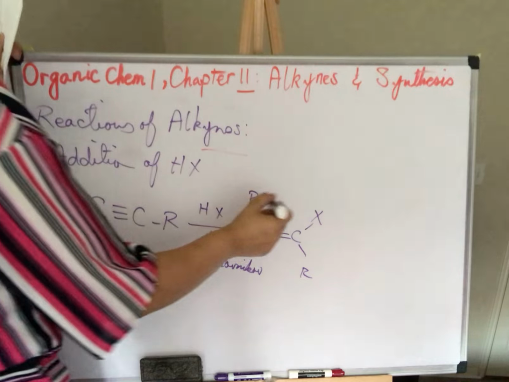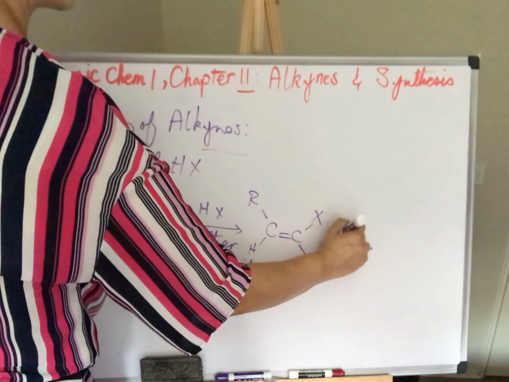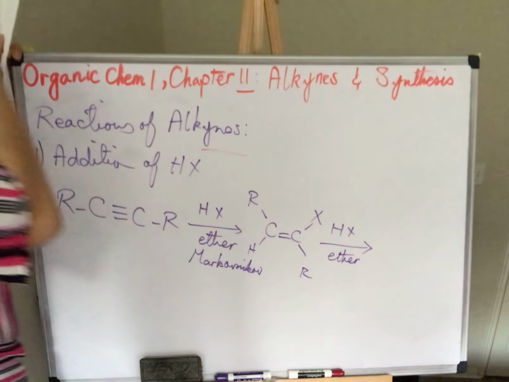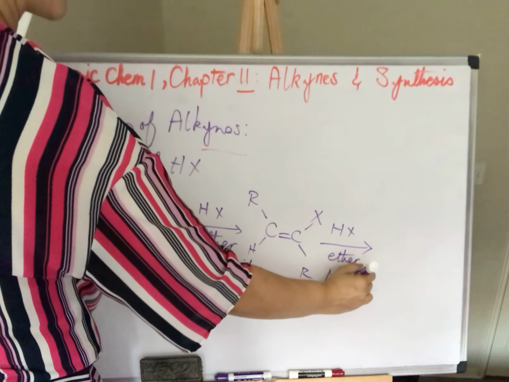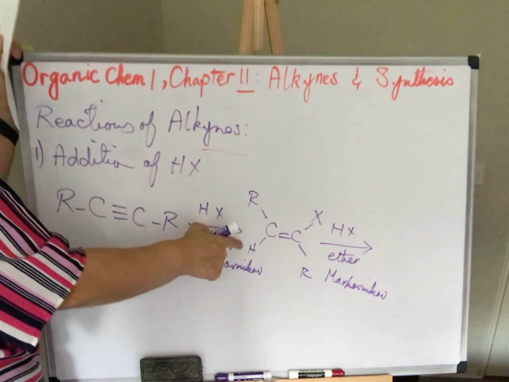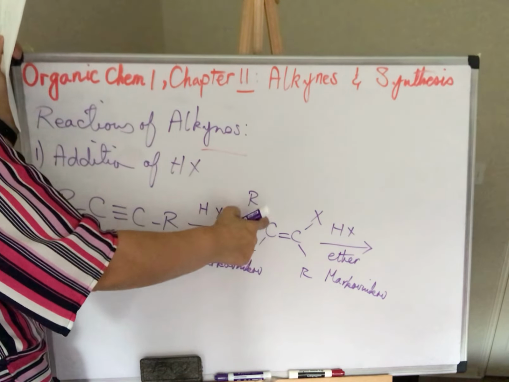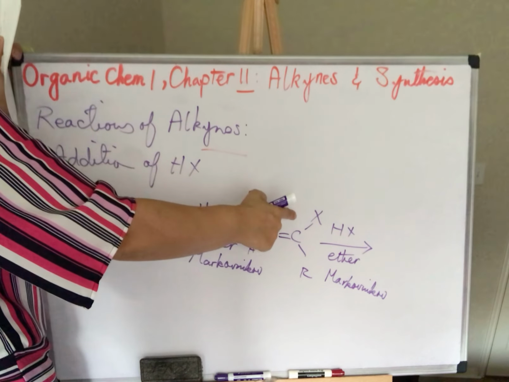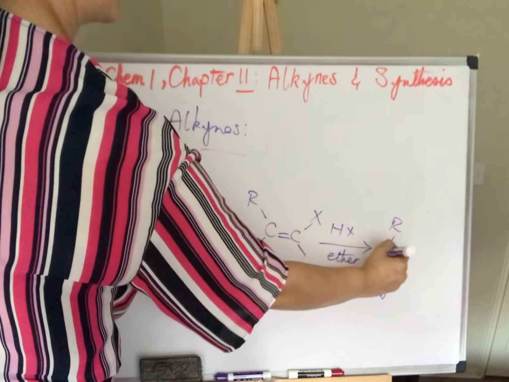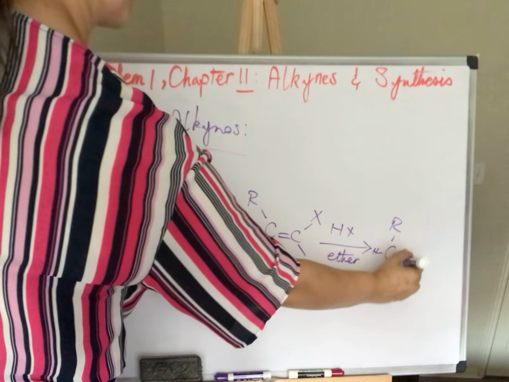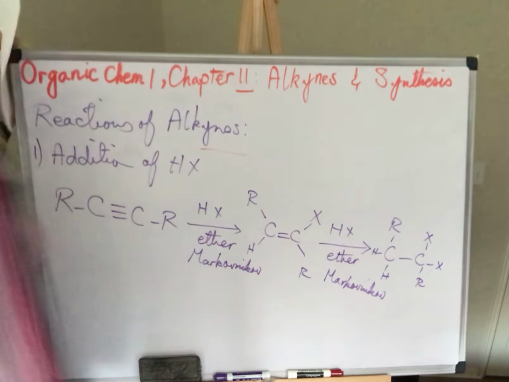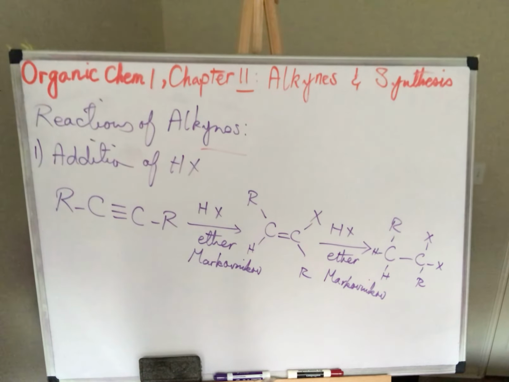Then, if you use another hydrogen halide, another Markovnikov reaction will happen. Now there is a difference. So hydrogen will stick to the carbon with more hydrogen and halogen to the other carbon. So you will end up having a dihalide.